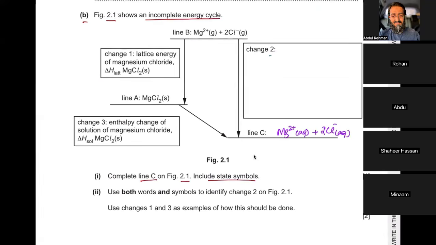Now, use both words and symbols to identify the change to in figure 2.1.